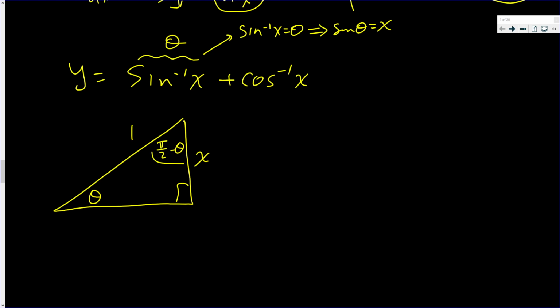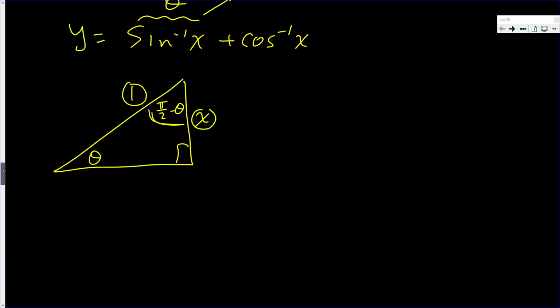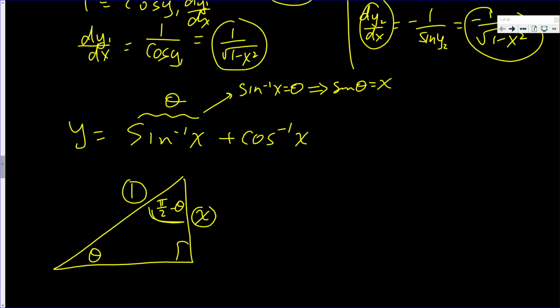But look at this. The cosine of this angle is also x. The cosine of that angle is also x. That is, this here is pi over 2 minus theta. Because now I can call it beta. Beta is the cosine inverse of x, and the cosine of angle beta is x.